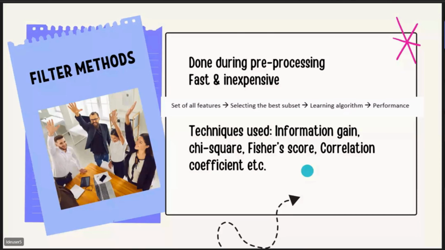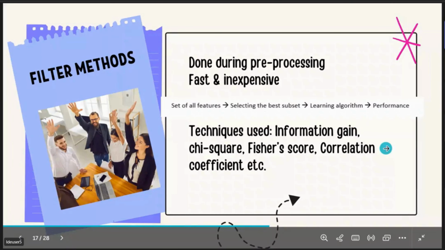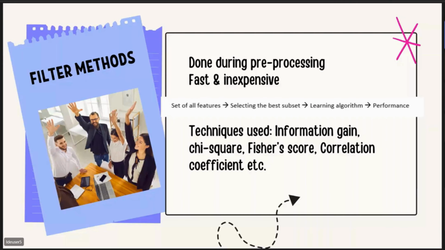All these are various statistical methods which you can use to assign or analyze the importance of a feature. Important features will have higher values and the ones which are not important end up having lower values. So from that I can easily filter out.